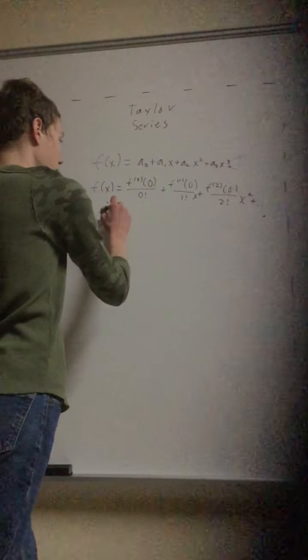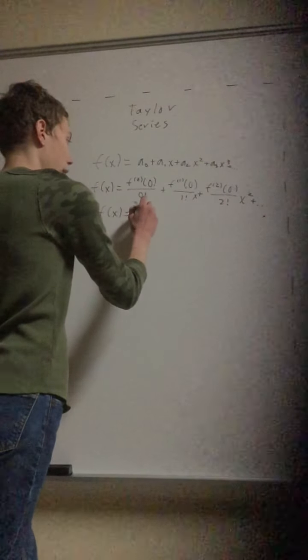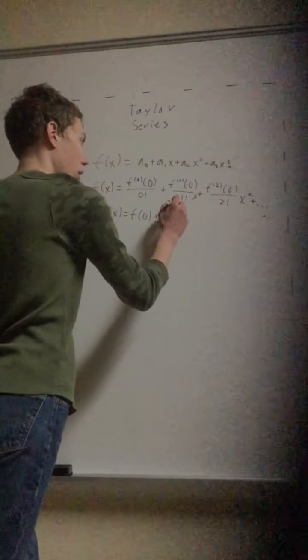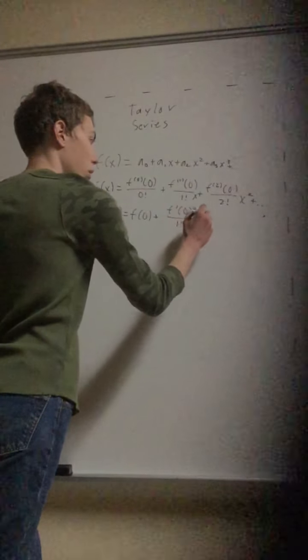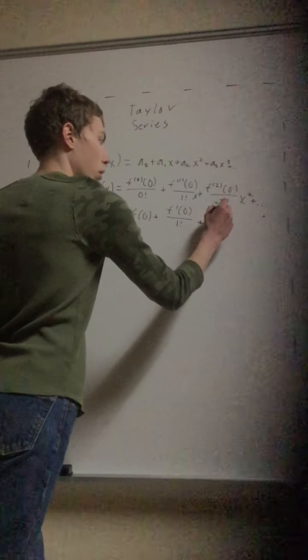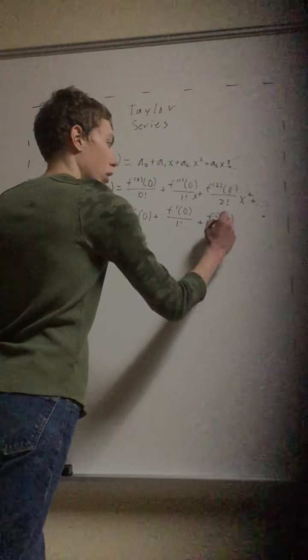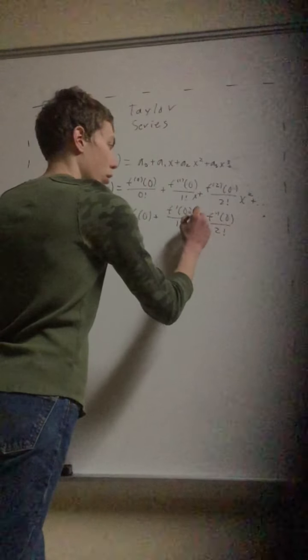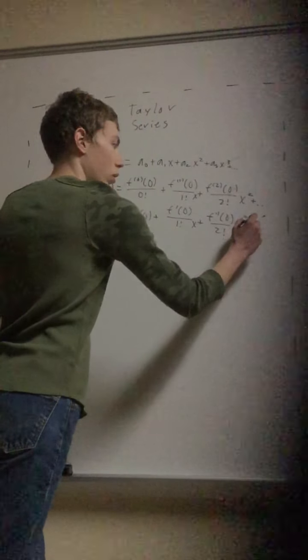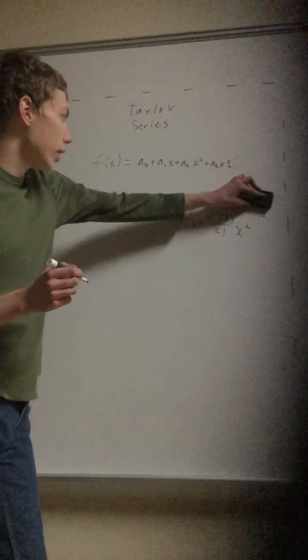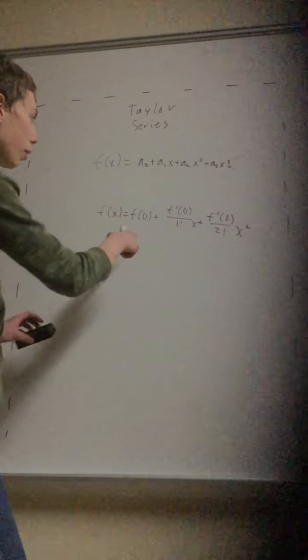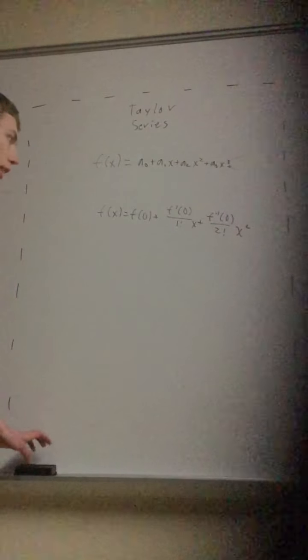So, f of 0 plus... and this is the Taylor expansion. This is how we generate a series for any of these things.